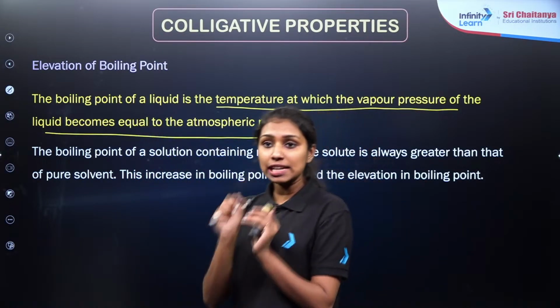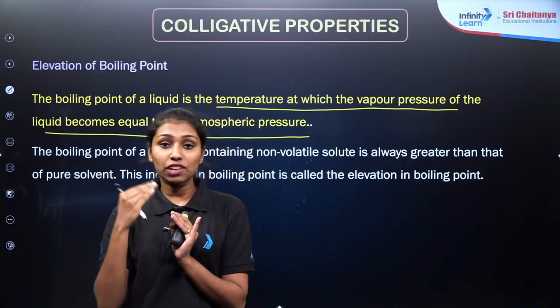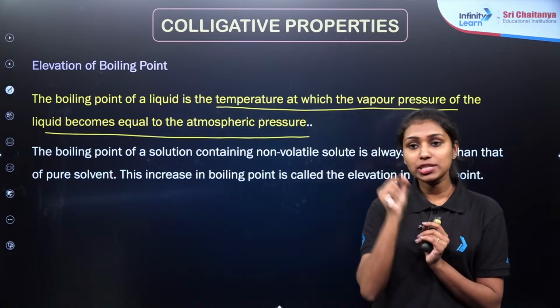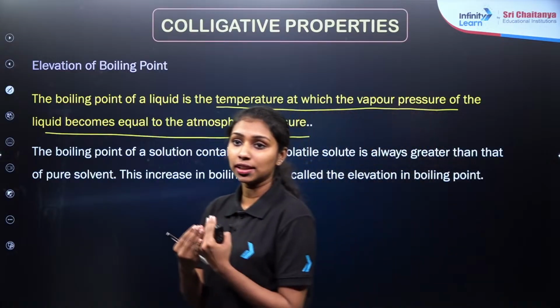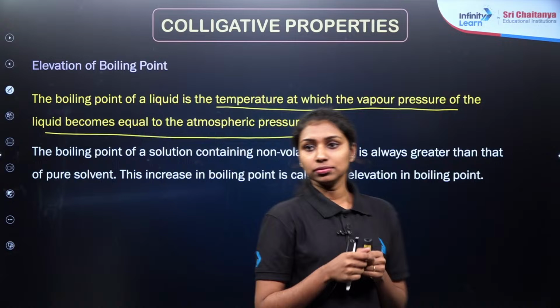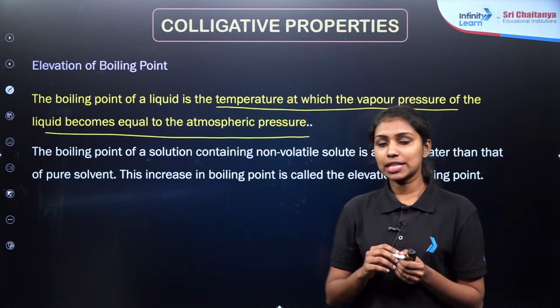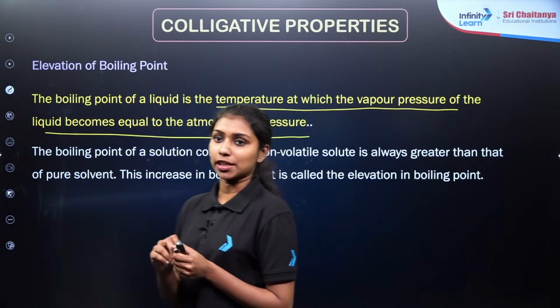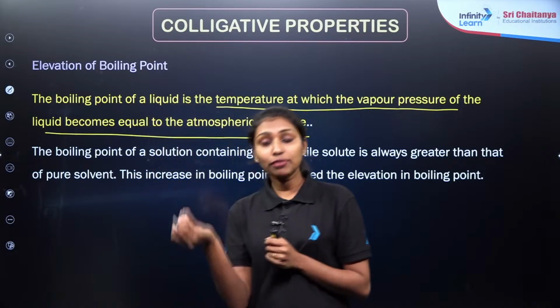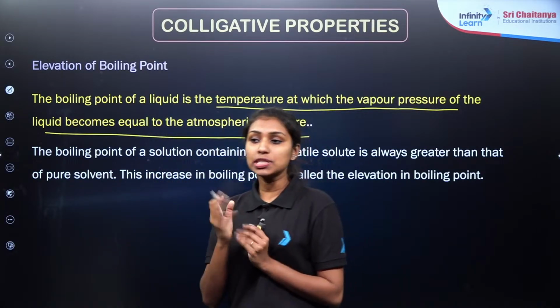As the name itself suggests, there will be an elevation in the boiling point, right? If you are adding any non-volatile solute to a solution, what will happen to the vapor pressure? As we already saw in the relative lowering of vapor pressure, our first colligative property, what will happen to the vapor pressure when we are adding a non-volatile solute to the solution?